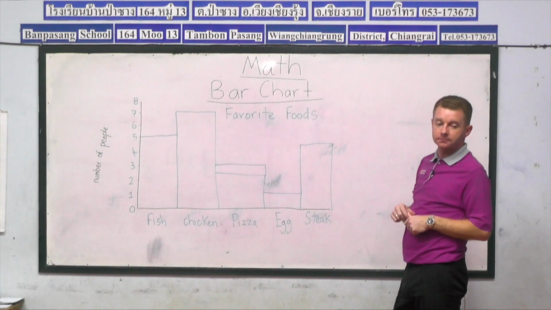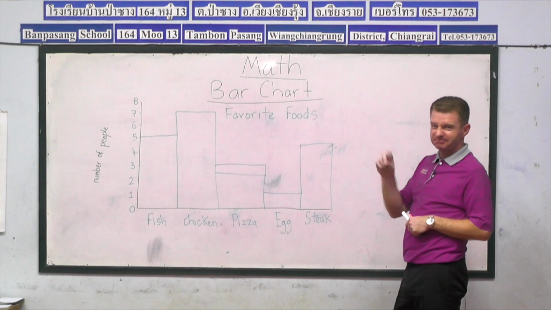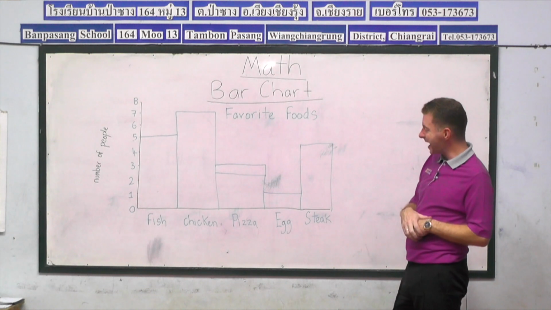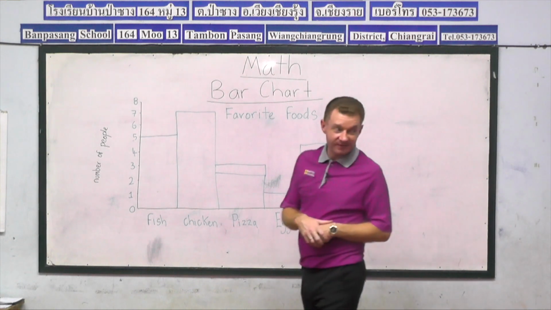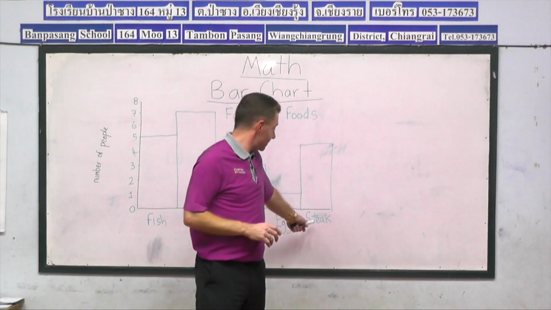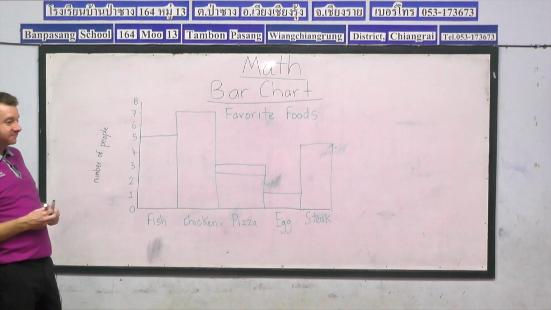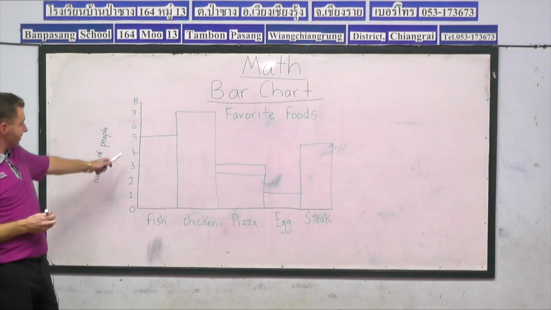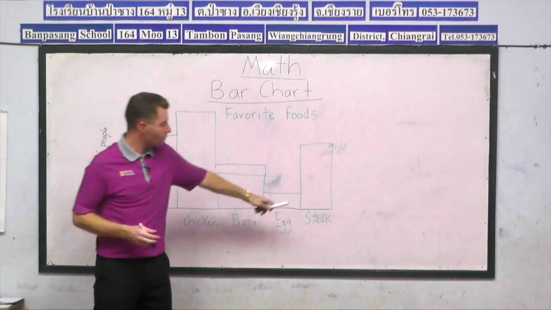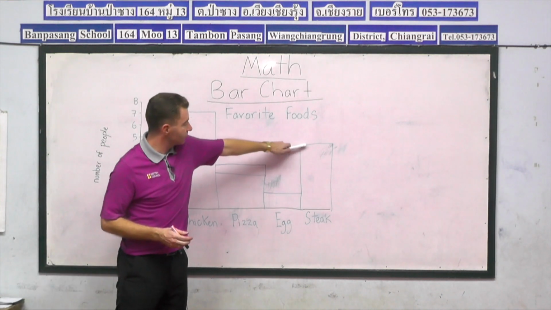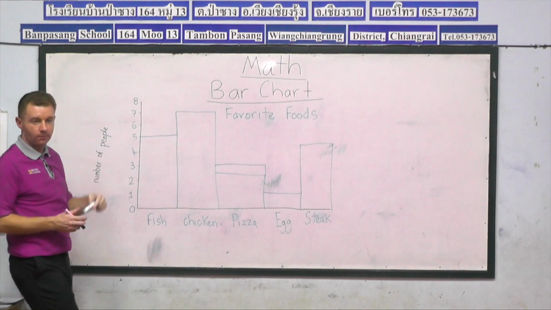Egg. 1. Only 1 person has egg as their favorite food. Steak. How many people have steak as their favorite food? 4, correct. You see, what you do, steak is the furthest one away. So what we need to do is we need to go to the top of steak and then draw a line along and see 4.